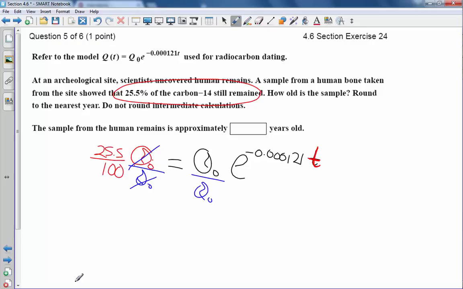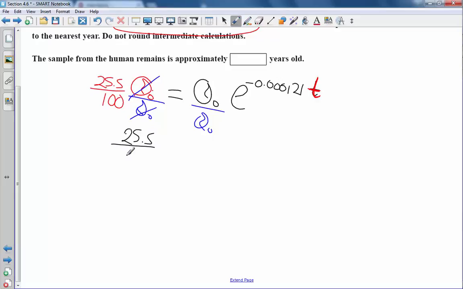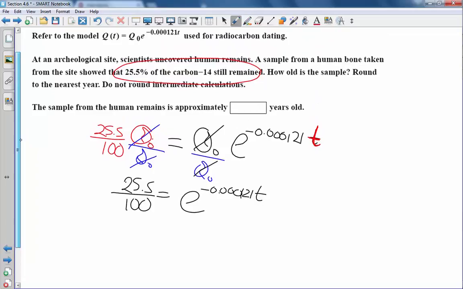These two are canceling, and that Q0 is gone. The left side is only a ratio now, 25.5 over 100. I can see from the number of zeros, it's a very slow decay. It's changing slowly.